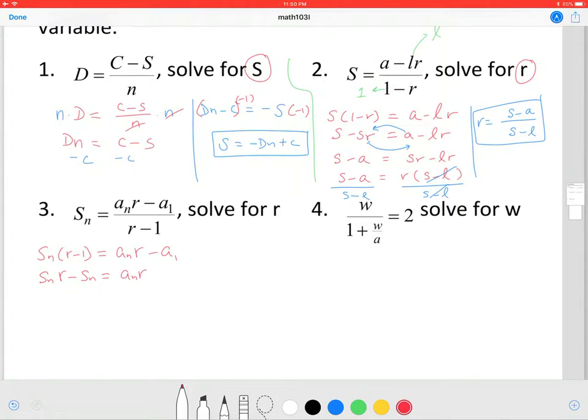Nothing to do on the right hand side. Now I have to pull the r terms to one side, so I'm going to move this term to this side and negative Sn to the other. It will look like Sn r minus An r is equal to Sn minus A1. Okay, and factor out r.